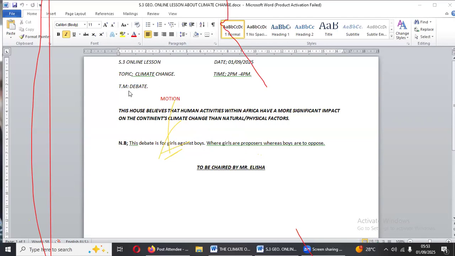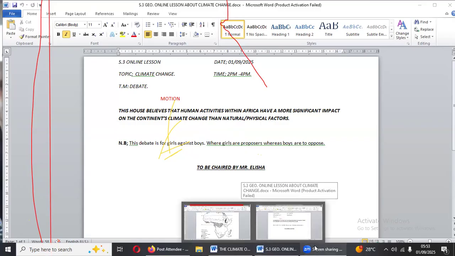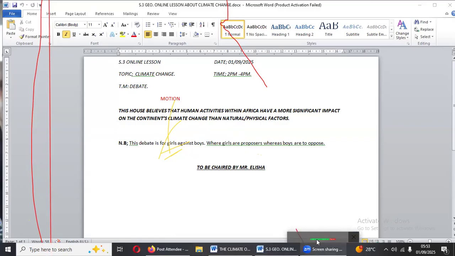Then he also talked about solar radiation and activity, which releases high temperatures, which is one of the descriptions of global warming.